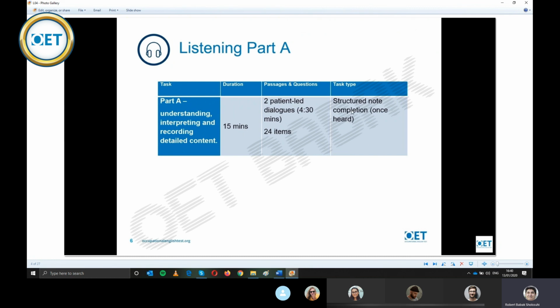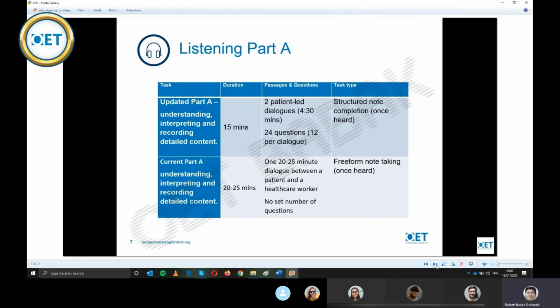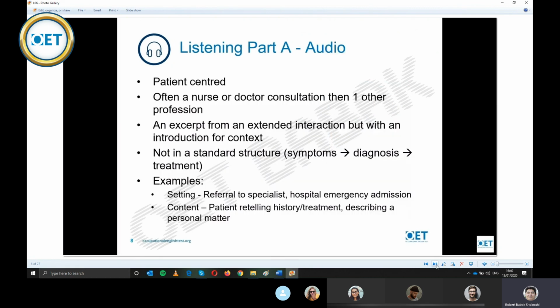Let's have a look. What sort of questions? The listening is usually patient-centered, often a nurse or a doctor. And remember, listening, the same as reading, is the same for all professions, so it's not profession specific. You cannot answer anything with your medical knowledge. It's something that you need to hear there.